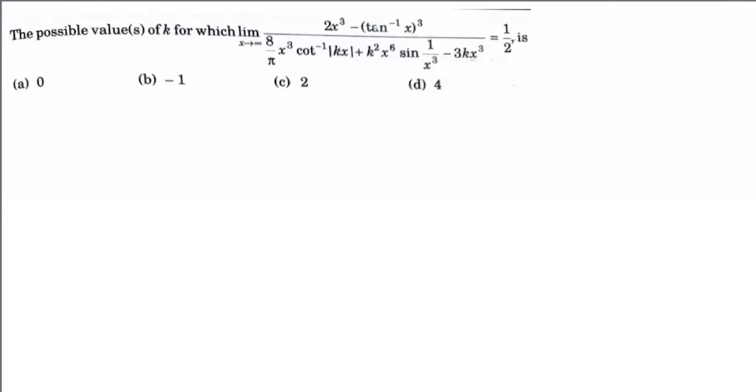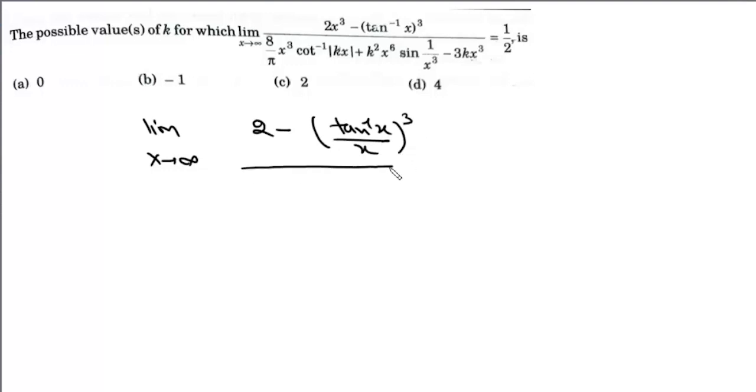Now the question is, find the possible value of k for which this limit is equal to 1 by 2. Now what we'll do is we'll divide everything with x cubed. So we can write limit x tends to infinite, 2 minus tan inverse x upon x whole cube, and here it will be 8 upon pi cot inverse mod kx plus k square.